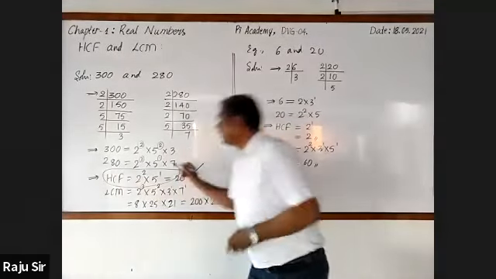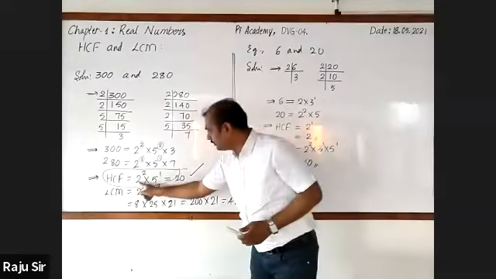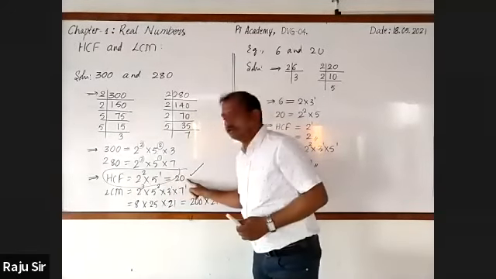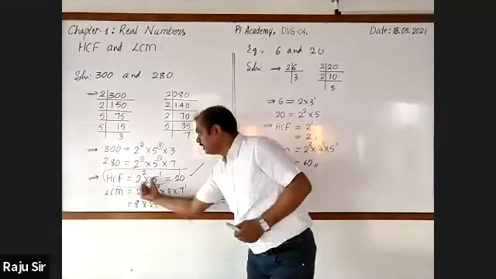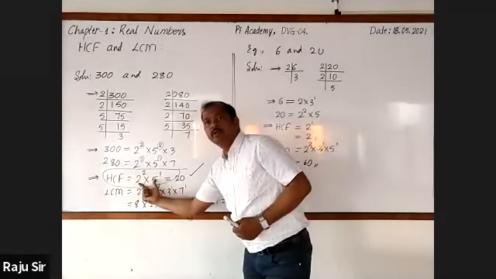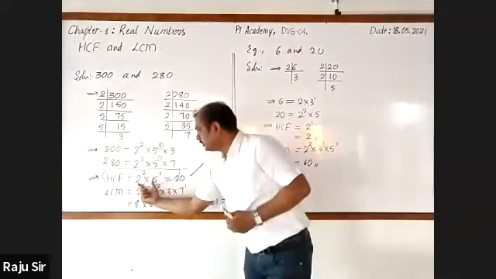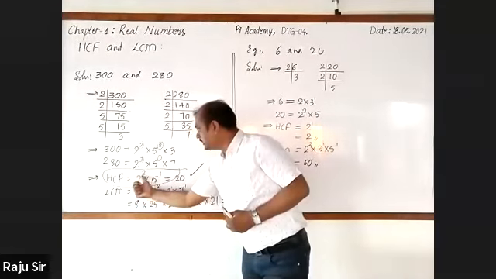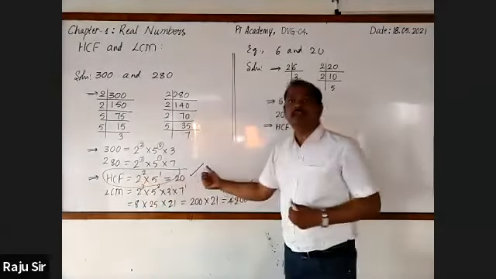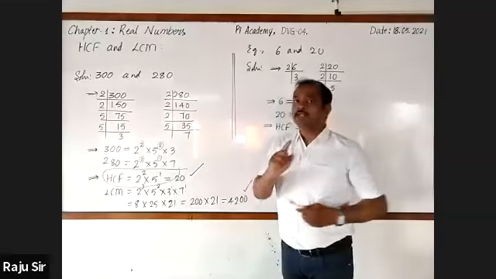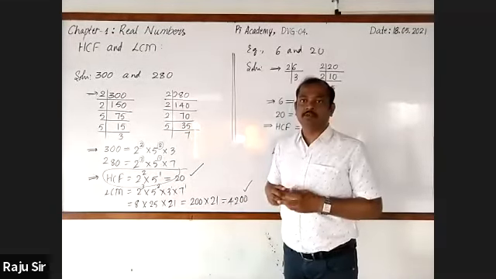Look here. HCF is nothing but the product of smallest powers of each common prime factor, right? We have taken the common prime factors, their least power is taken, then we have found out the HCF. Once I tell the definition, listen carefully.